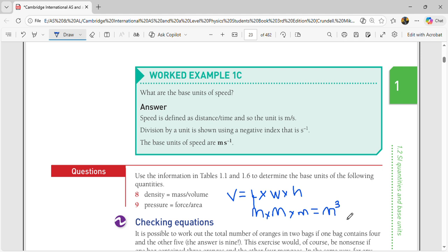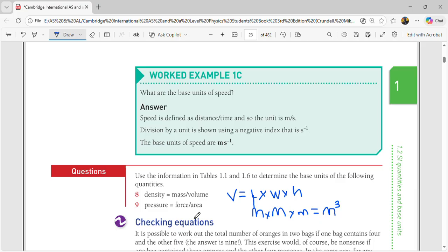So we have some applications of this. This dimensional analysis, we use it to check whether the units of the equations are balanced. For example, pressure is equal to force over area: are the units balanced?